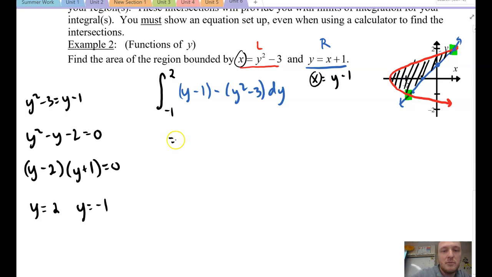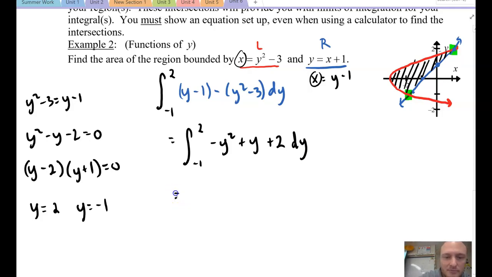Okay, so I'm going to rewrite this out and simplify before we integrate. So negative y squared plus y plus 2, dy. And then we'll integrate.